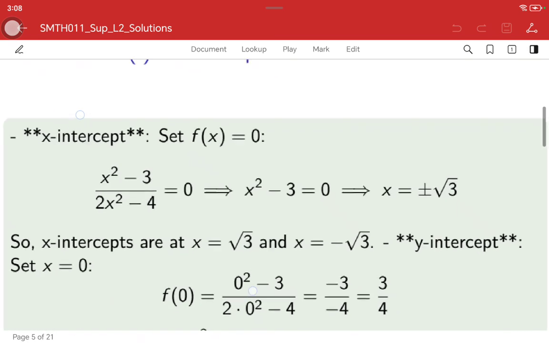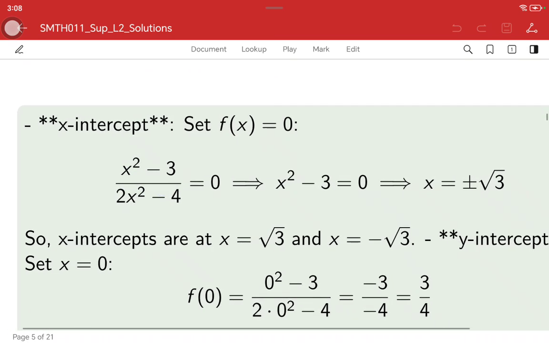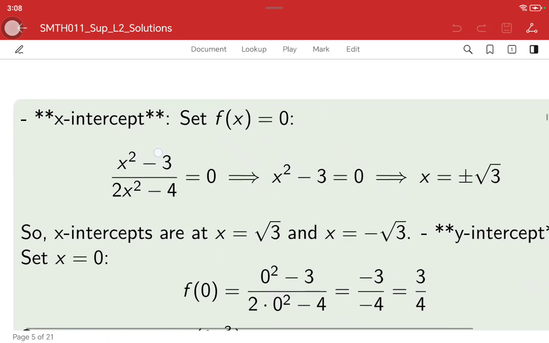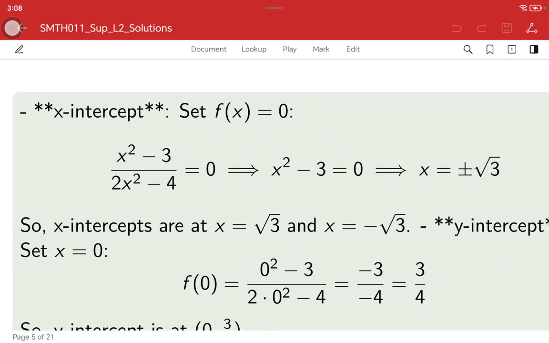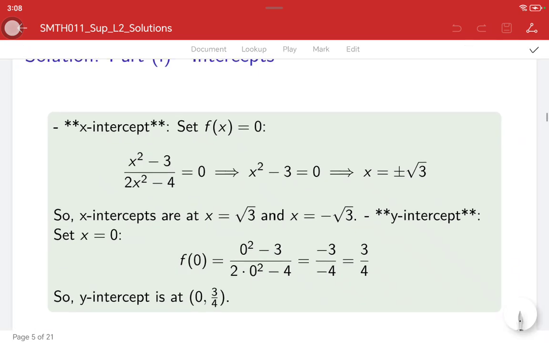How do we solve for x? We multiply both sides first by this denominator, so it can go. Then we focus on x squared minus 3, which is equal to 0. And if I solve for x, I'm going to get that x is equal to plus or minus root of 3.